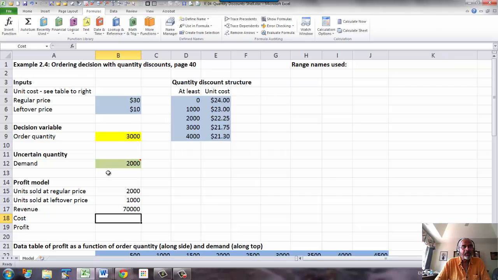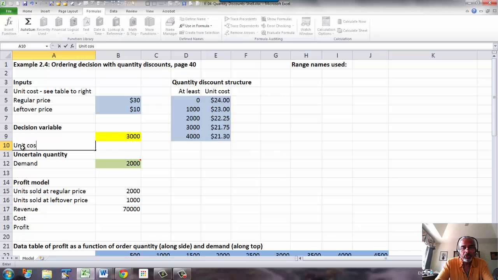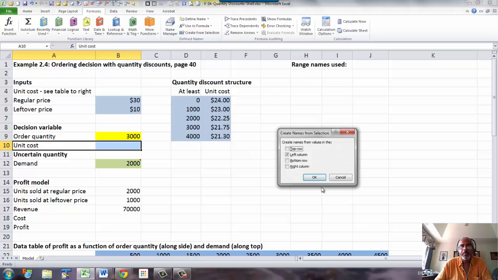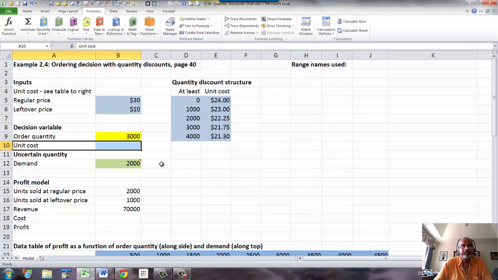Now cost. Let's first set up a cell for cost per unit. Call it unit cost. We'll also give it a name. Here we're going to use the order quantity and figure out what the unit cost is going to be.